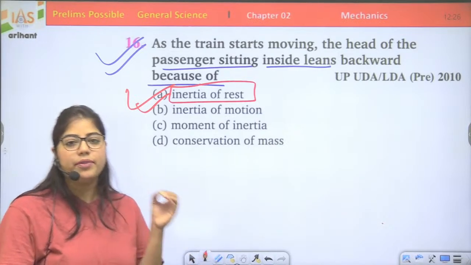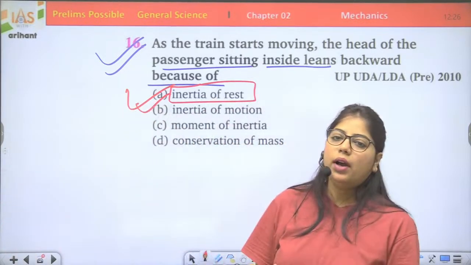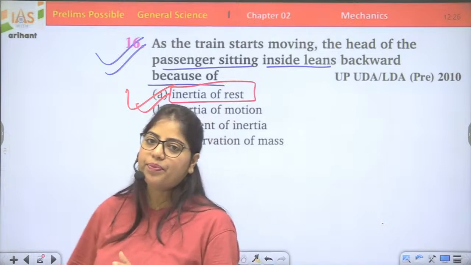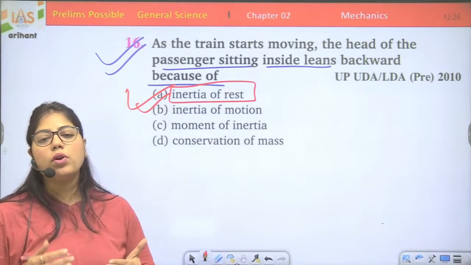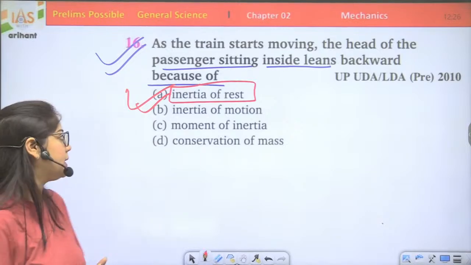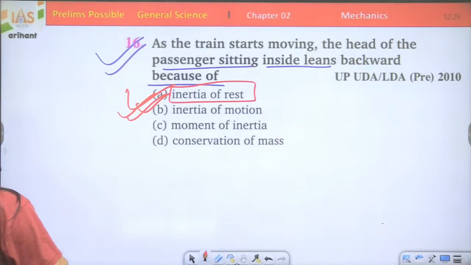That is why any body in a rest position denies or resists the motion or external force applied on it, right? So this is the best example of inertia of rest.